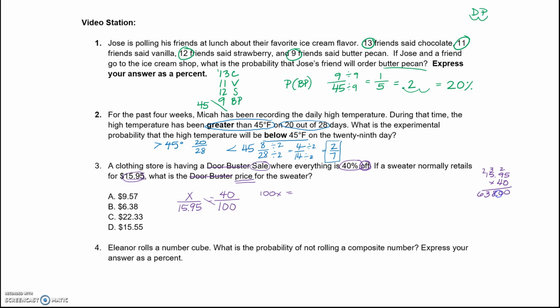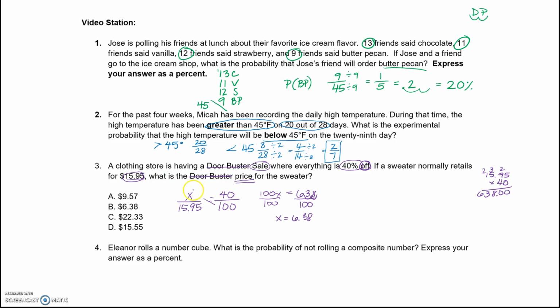Two numbers to the right of the decimal. So 100x is 638, but I have to divide by 100, divide by 100. So x equals, when I divide by 100, my decimal goes 2 places to the left, so $6.38.